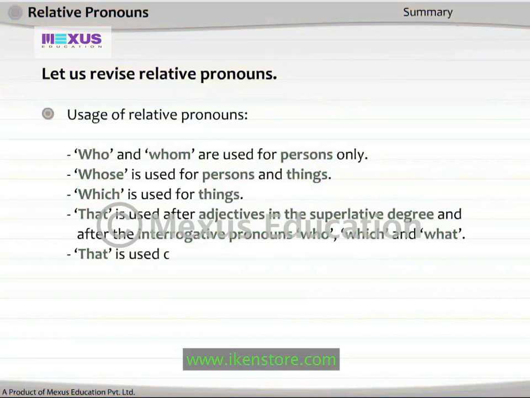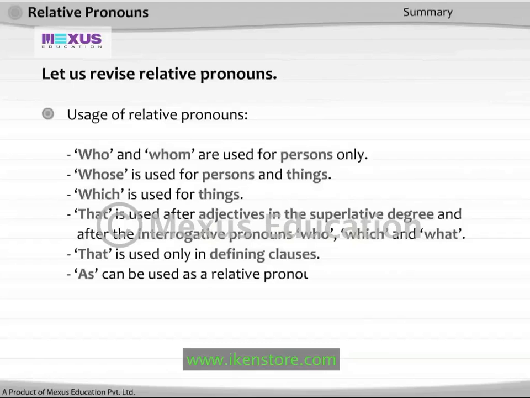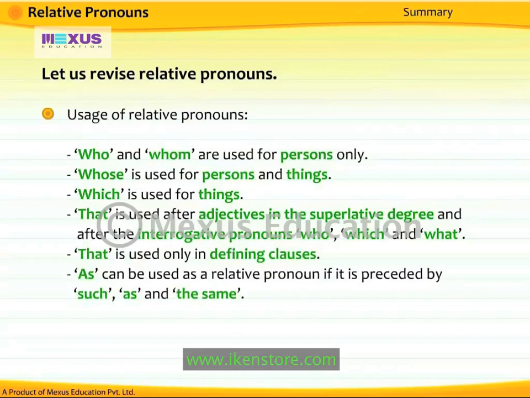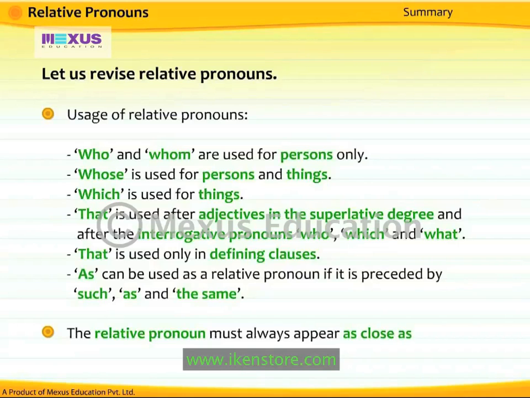That is used only in defining clauses. As can be used as a relative pronoun if it is preceded by such, as and the same. The relative pronoun must always appear as close as possible to the antecedent.